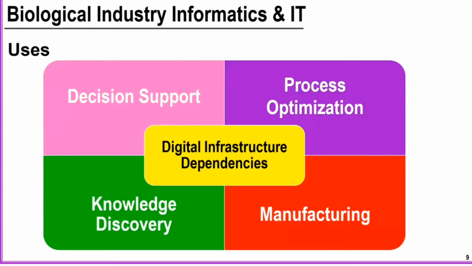If you look at this diagram carefully, you will realize how deeply we are dependent on digital infrastructure for various operations, including manufacturing and knowledge discovery. No doubt, digitization and automation is essential.